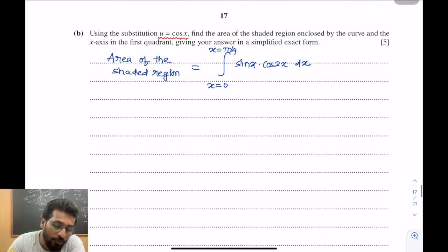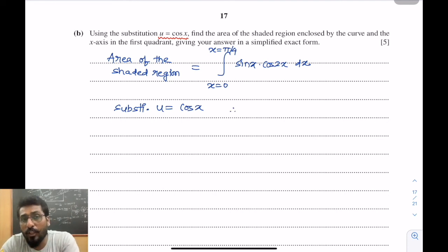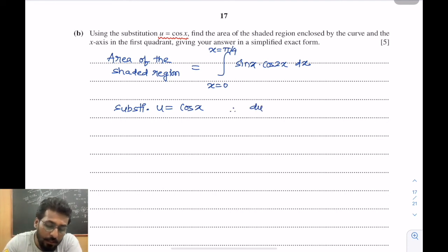So I'm going to make use of the substitution u is equal to cos x. Substitute u equal to cos x. So if u is cos x, you differentiate both the sides with respect to x. du upon dx becomes equal to minus sin x, or I say du is equal to minus sin x dx, right?